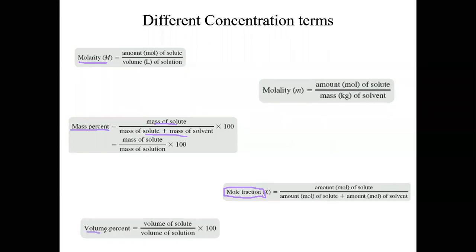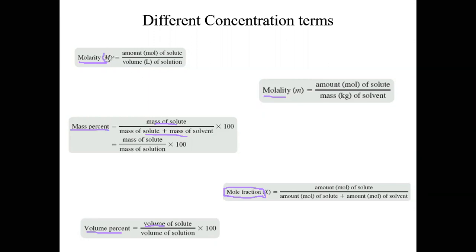Now, two lesser known units of concentration. Volume percent is similar to mass percent, but instead of masses, you're dealing with volume. So volume of solute over volume of solution. It's like mass percent's sister. And then we have a new one that's like molarity's cousin called molality. Now notice the difference.